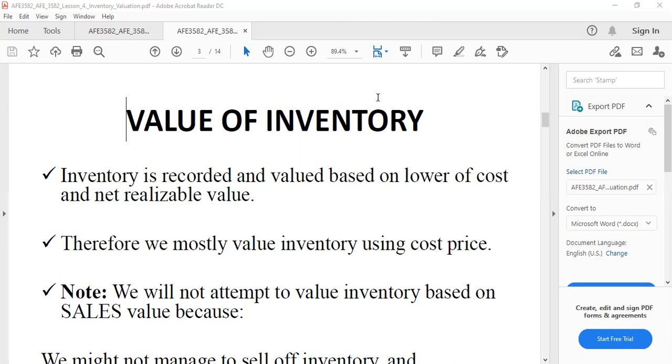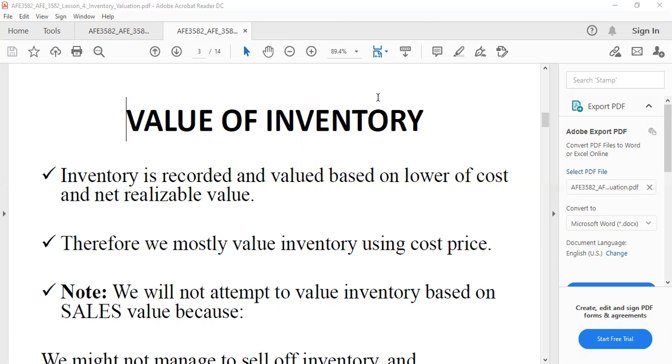So you cannot value your inventory saying that, okay, I have 5 pairs of shoes. Each pair cost me $50, and I'm now selling every pair for $100. So obviously the total sales will be $500. You cannot value your inventory saying that my total inventory is worth $500 simply because you are selling every pair for $100.